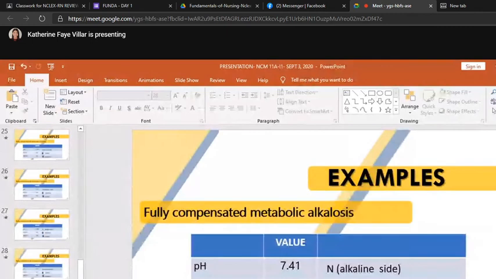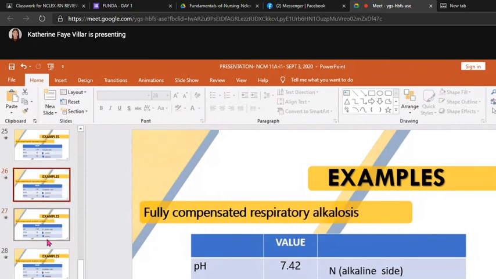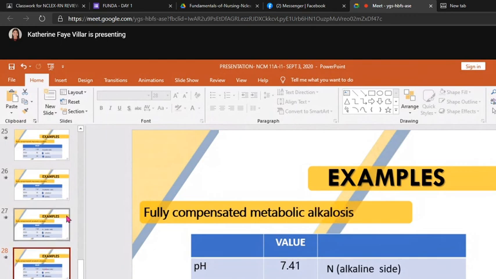Pero sinend ko naman po sa inyo yung review material. Kapag may nakalimutan po kayong concept, balikan nyo lang po yun para ready kayo. Pero, I suggest po na kapag mag-answer kayo ng retake, please, walang kodigo po.